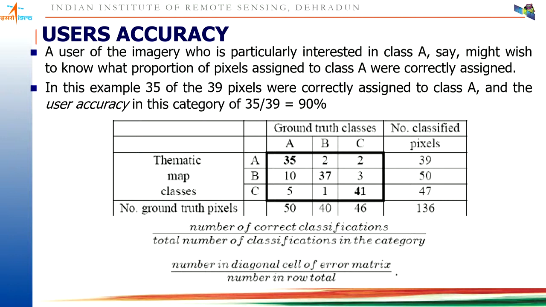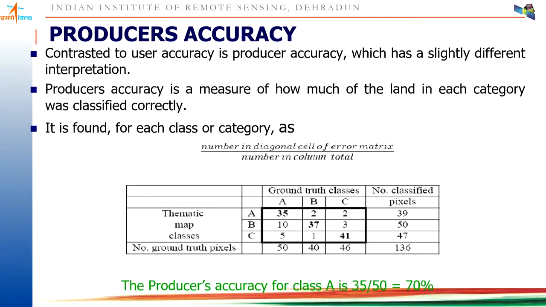Similarly, for class B it is 37 upon 50, and for class C it is 41 upon 47. This is user's accuracy. But there is another person who has done this classification.